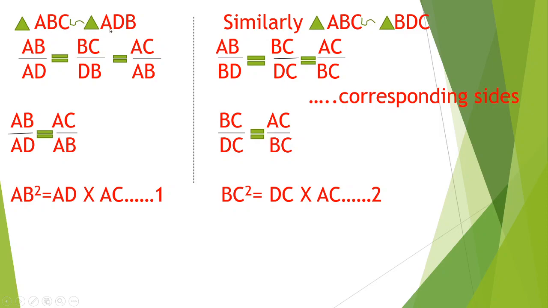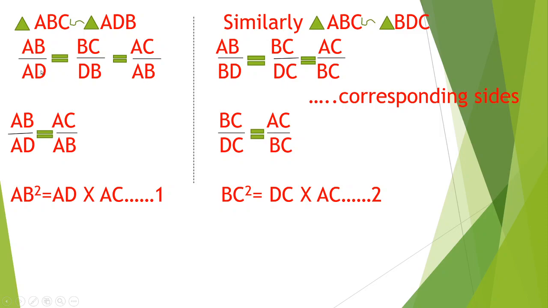AB upon AD is equal to BC upon DB, which is equal to AC upon AB. The reason: corresponding sides of similar triangles.